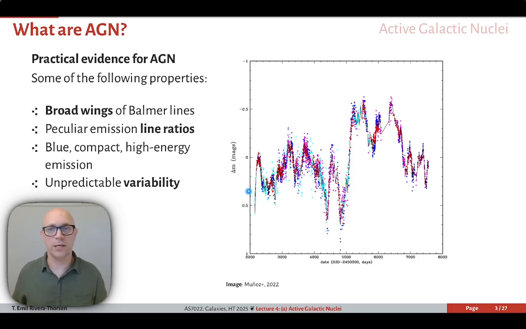So what we have seen here is multiple different images of the variability curves of this quasar that have been pushed together and superimposed on top of each other.